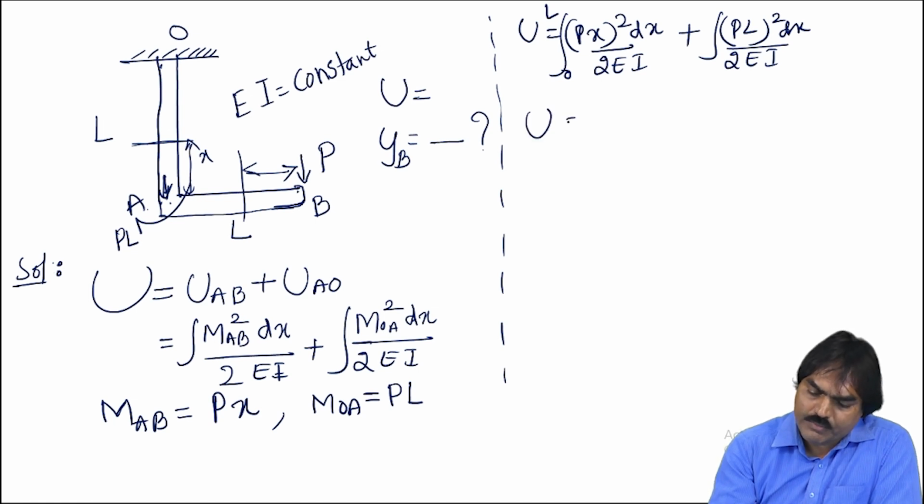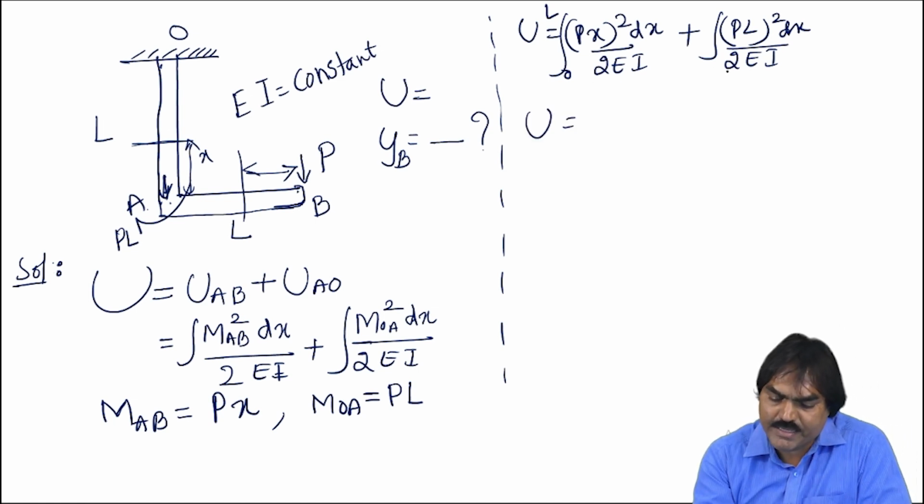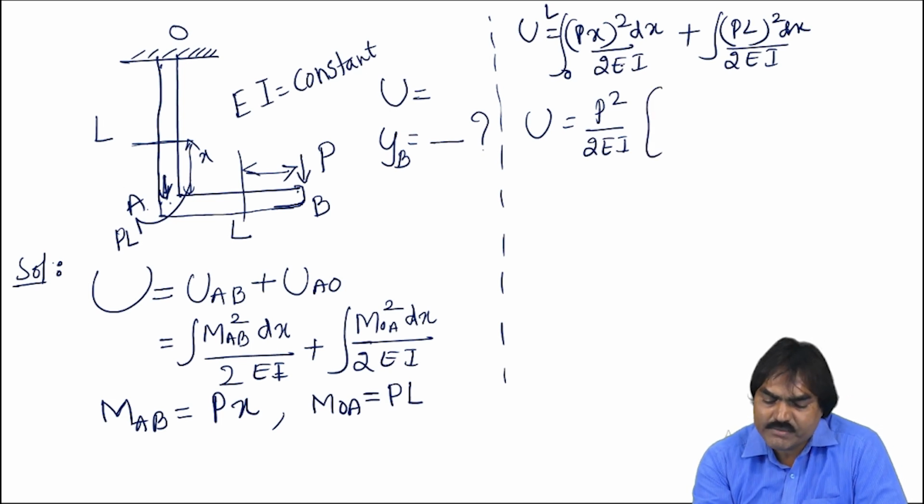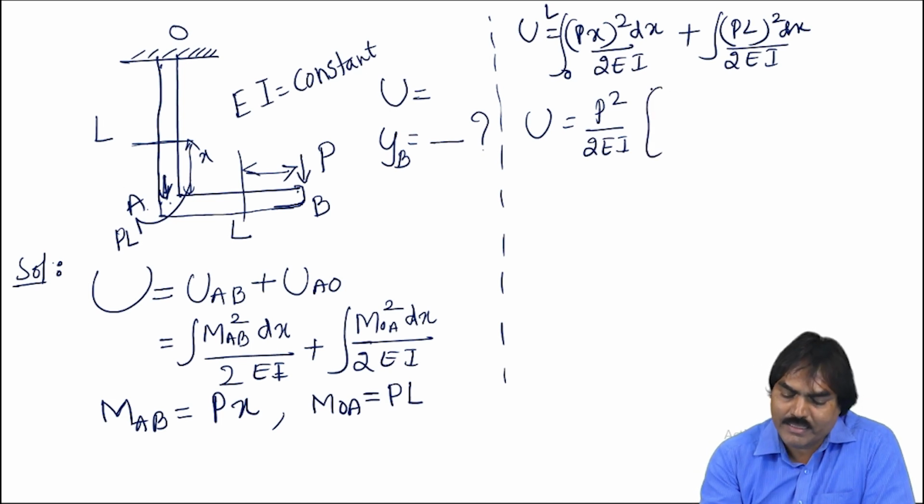Anyway, this is P square, I can take P square by 2EI common. x square integration becomes x cube by 3, that is L cube by 3.